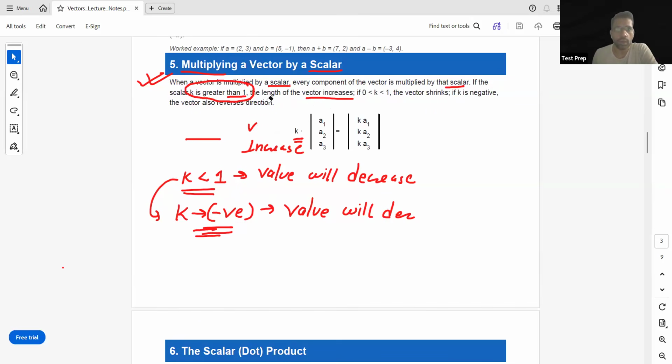Now, the length of the vector increases if k is greater than 1. If k is in between 0 to 1, the vector shrinks.